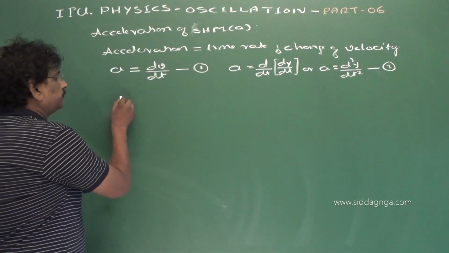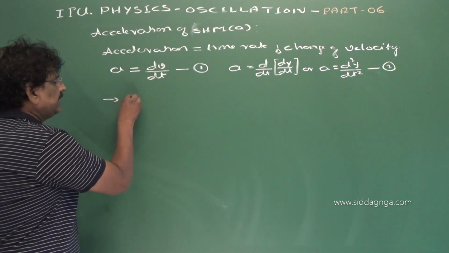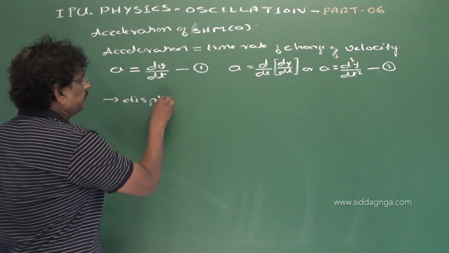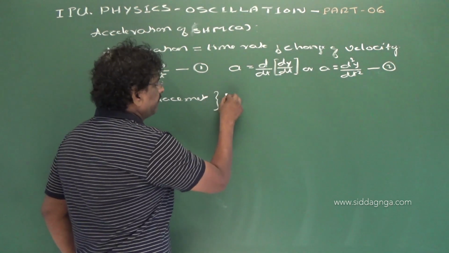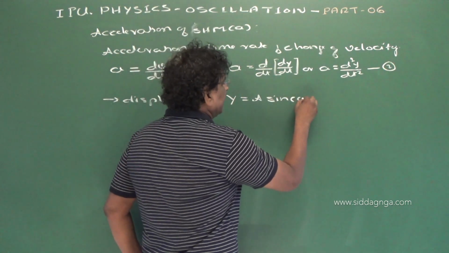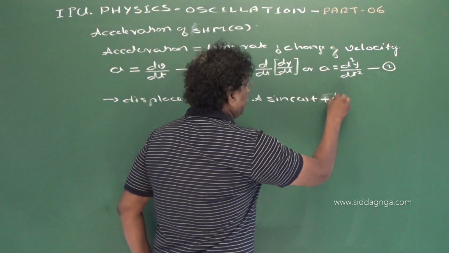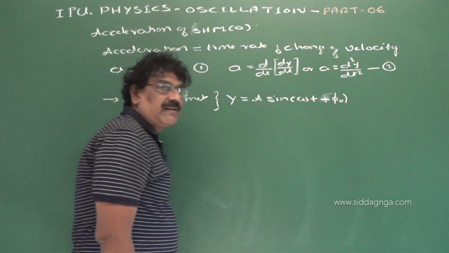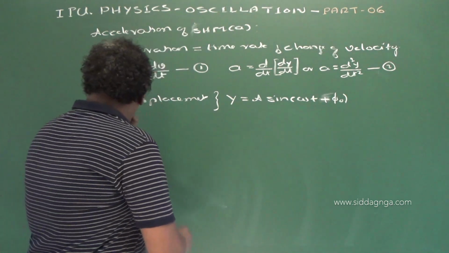Now we have displacement at any instant of time, y is equal to a sin(omega t plus phi naught), where phi naught is the initial phase, a general equation.